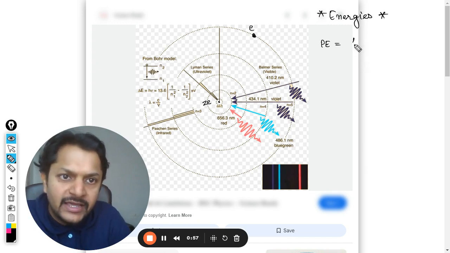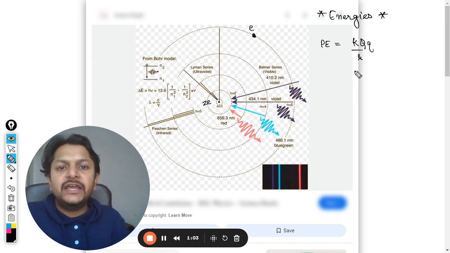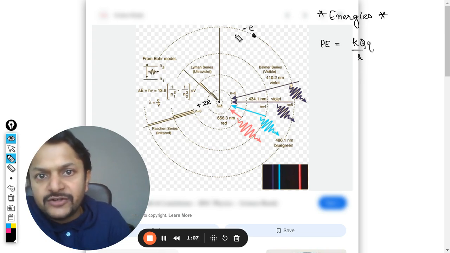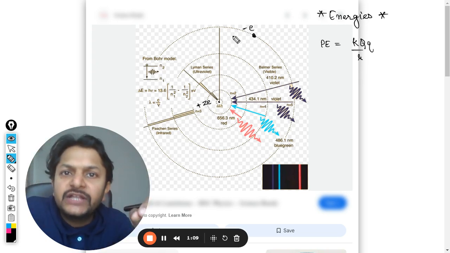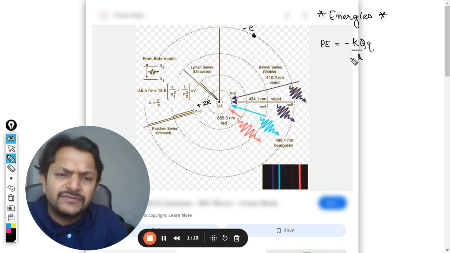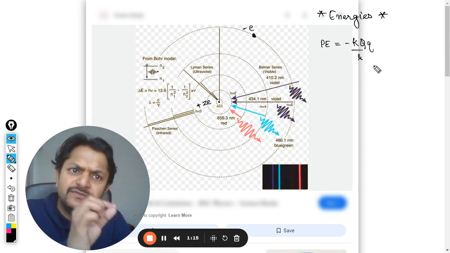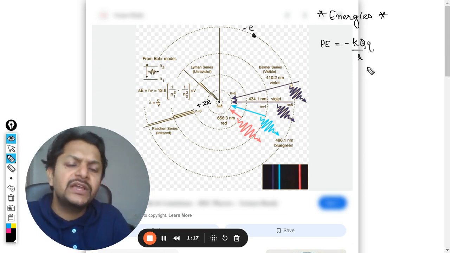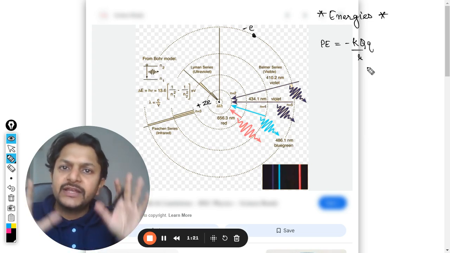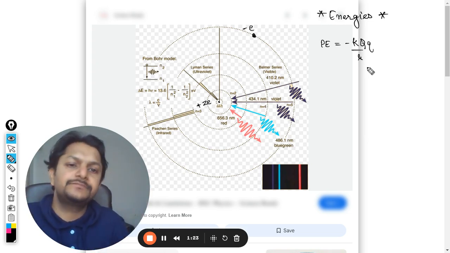That is given by KQq divided by r. And because the nucleus is positively charged and the electron is negatively charged, the potential energy expression will become negative. So I'm just taking a negative sign here. I'm not plugging in the values, like writing Q as Ze.